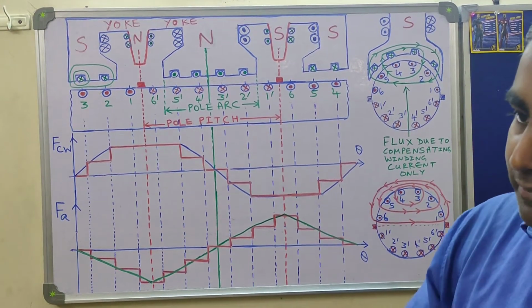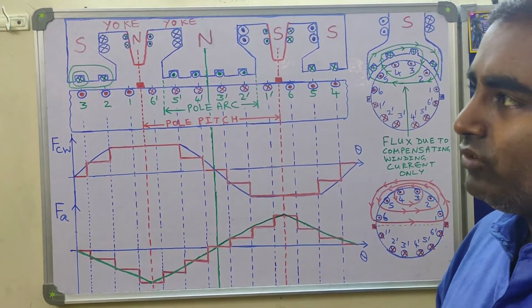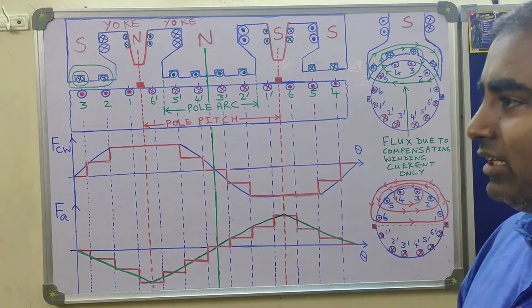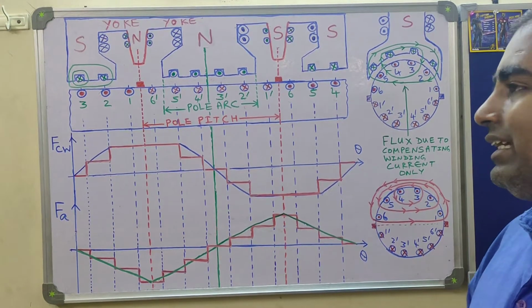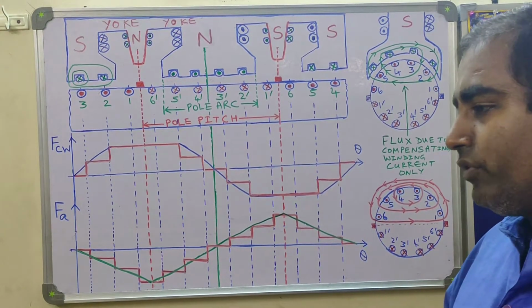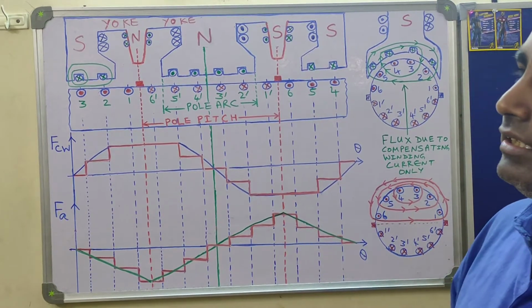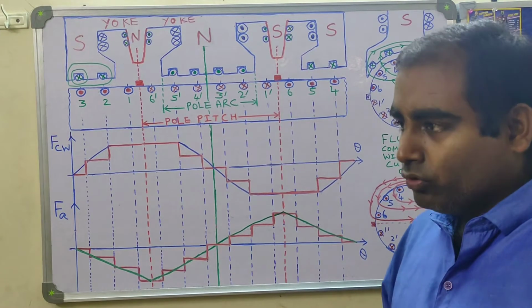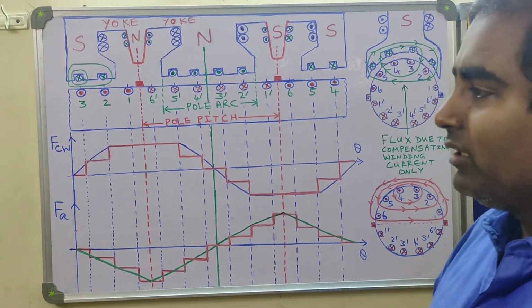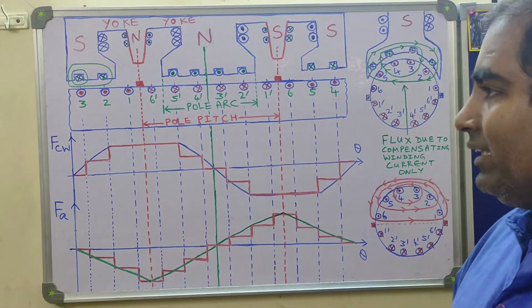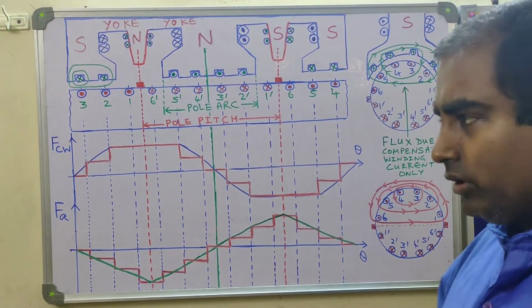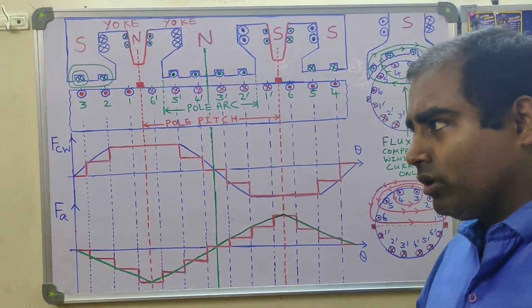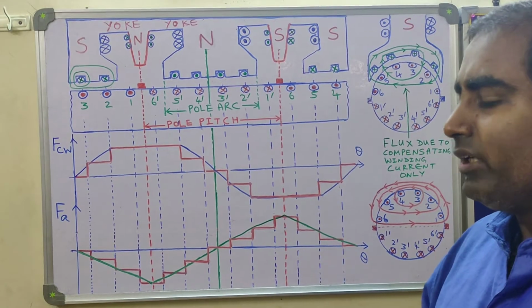The armature coils under the influence of the very high flux density are going to have a very large induced EMF, and that can create problems in commutation, because between any two consecutive commutator segments the voltage should usually not exceed 30 to 40 volts.